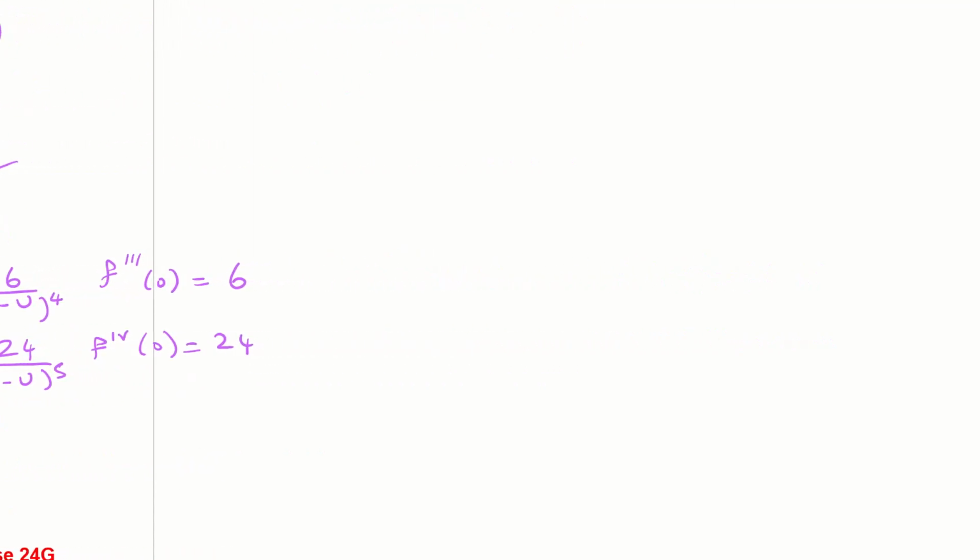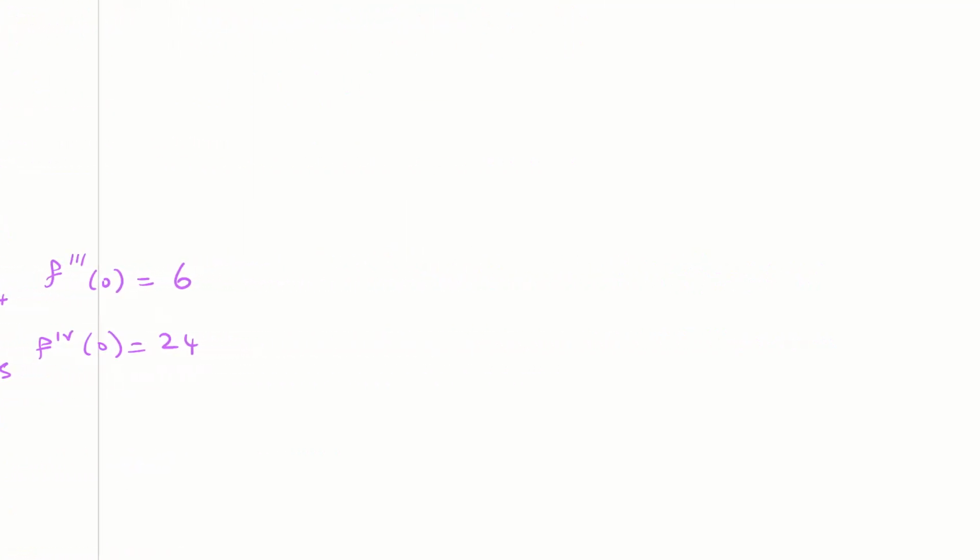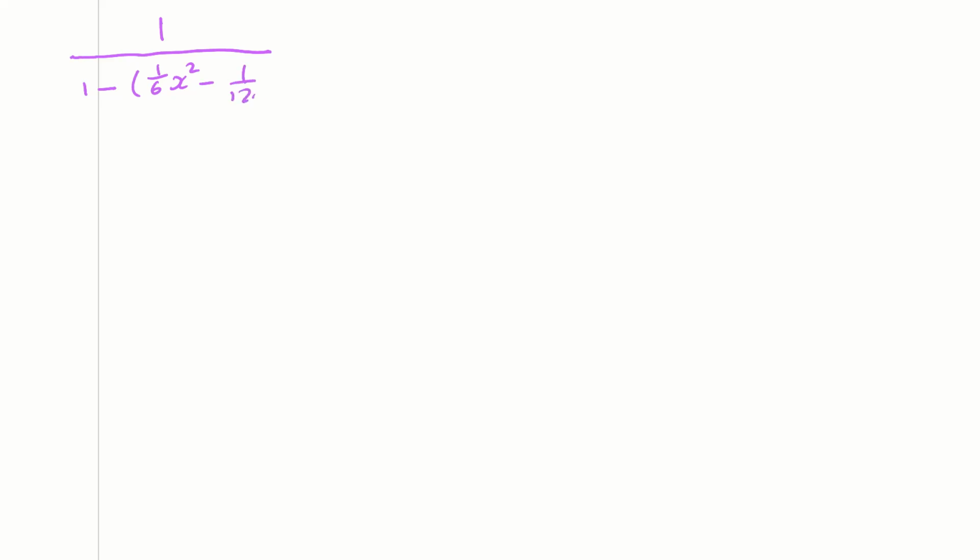Now, what we had was 1 over 1 minus 1/6 x squared minus 1 over 120 x to the 4.